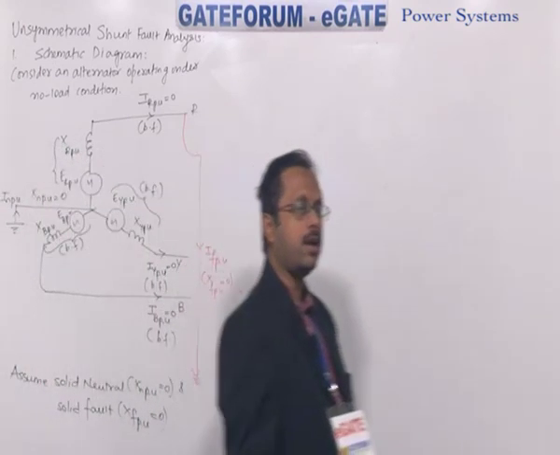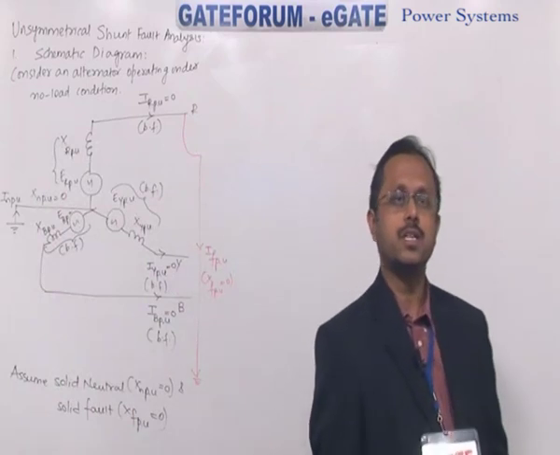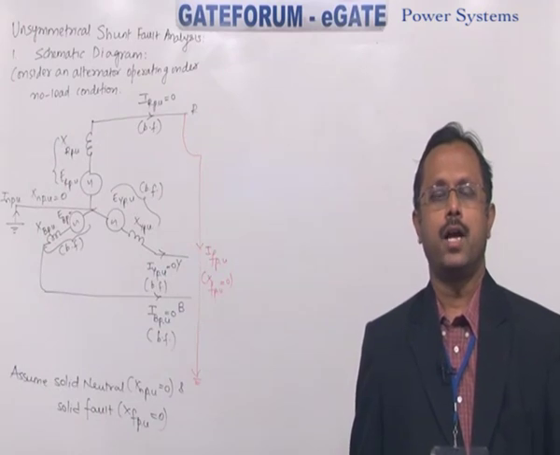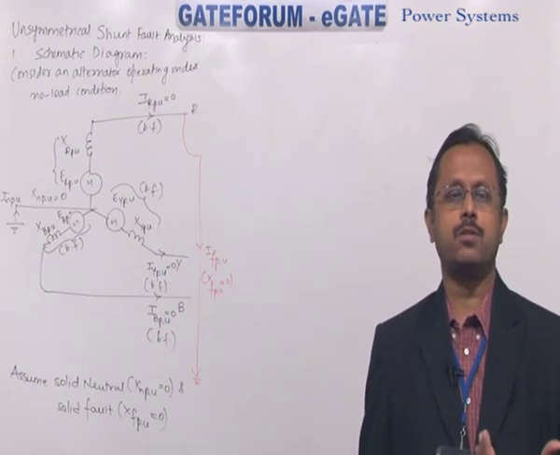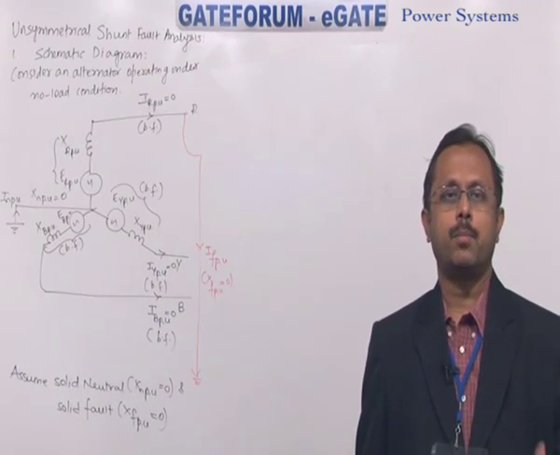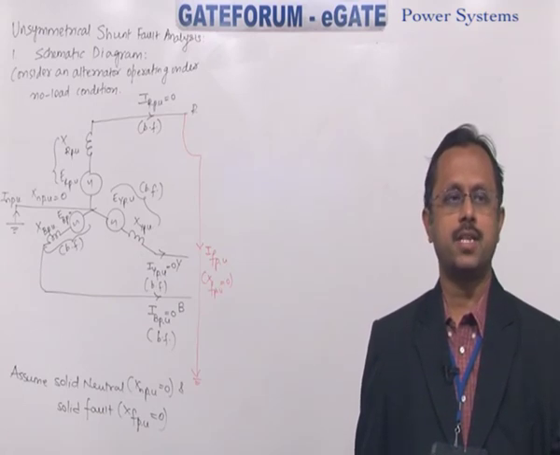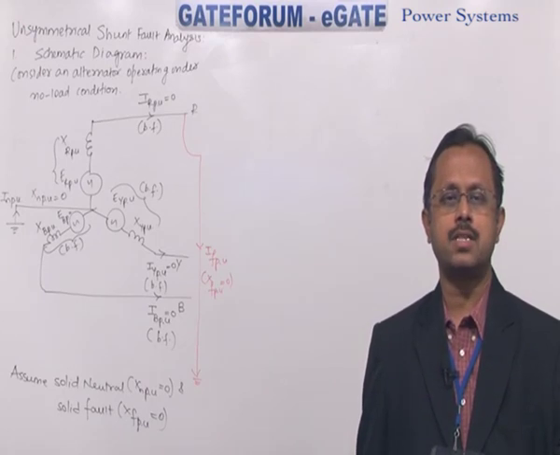Now for any fault, the first step is to mention the boundary conditions. And how many boundary conditions do we have to specify? The number of boundary conditions is equal to the number of sequence networks. And you know we have 3 sequence networks.